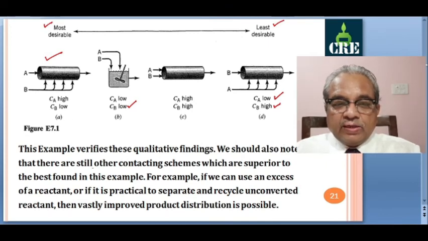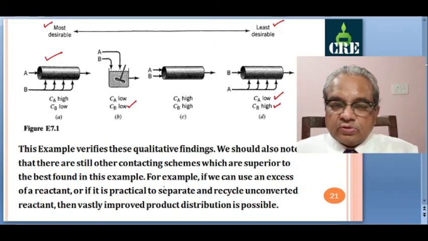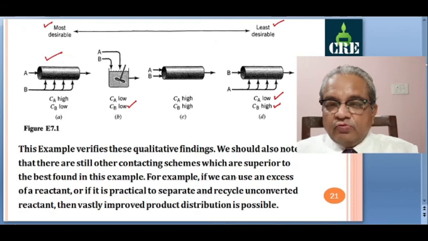We should also note that there are still other contacting schemes which are superior to and can be best. So these are few representative only. So there are more possibilities of the contacting schemes. For example, if we can use an excess of reactant, or if it is practical to separate and recycle unconverted reactant.